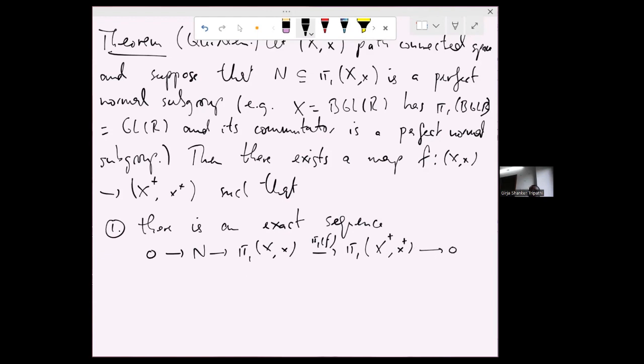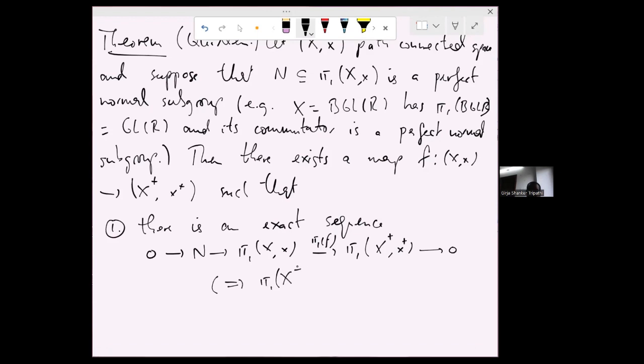So that means your pi1 of X plus is isomorphic to this quotient of pi1 of X by N. So there is this exact sequence.